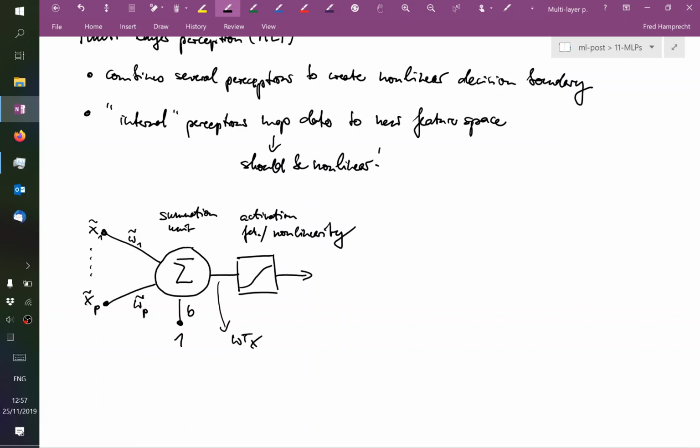Indicated in this box is schematically that in the earlier days people would use a sigmoid here. Nowadays they would use a rectifying linear unit. And then this result here would be, earlier I called it, phi of x given some parameters.